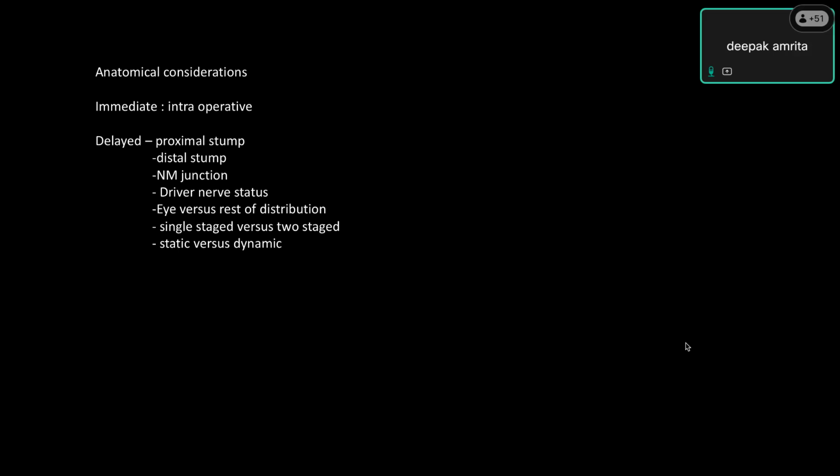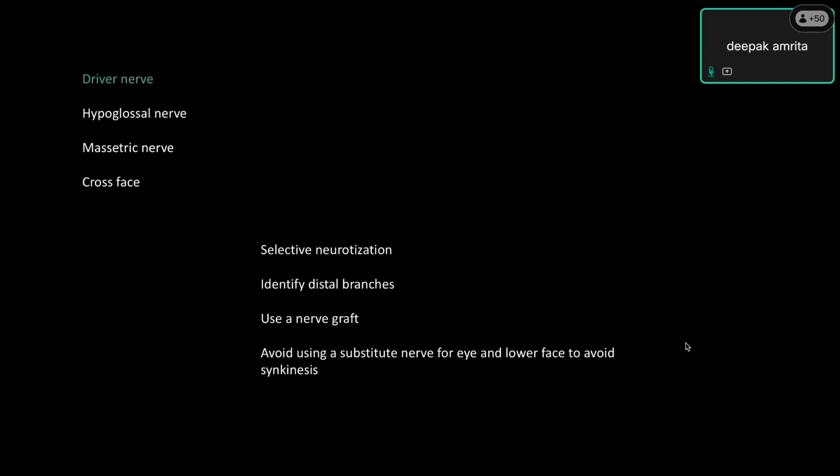You can connect the obturator nerve either to the ipsilateral mesenteric or hypoglossal or a cross-face nerve graft and let the muscle be. Or you do in the first stage a cross-face nerve graft, let the nerve grow, and then at a second stage, you can go and put the gracilis muscle. And then there is static versus dynamic, which we will discuss in the subsequent lectures.